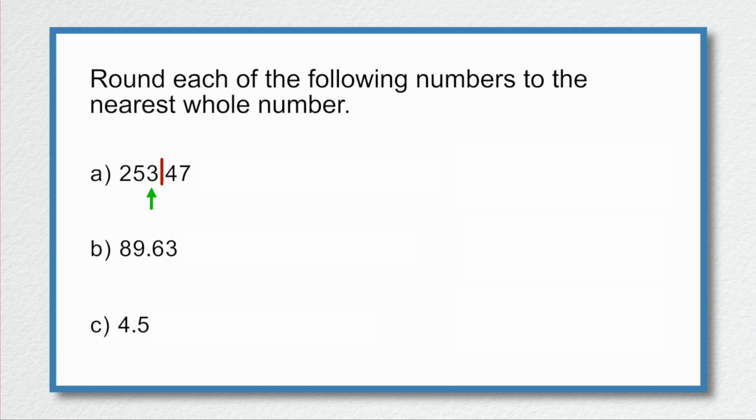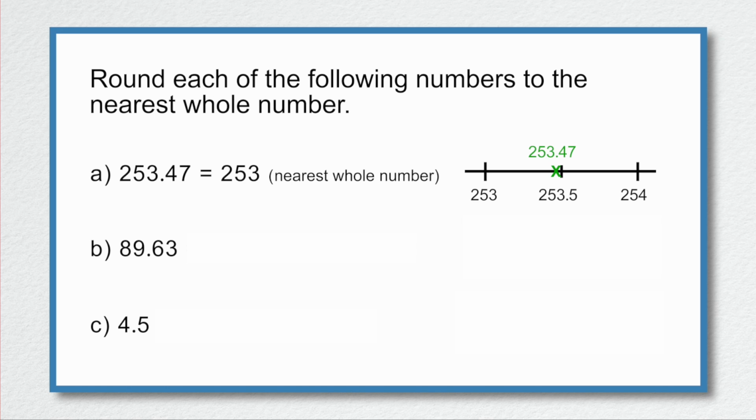We do this by looking at the first digit after the cut-off point, which in this case happens to be 4. And because this is 4 or less, we keep this 3 the same. So 253.47 is equal to 253 to the nearest whole number.